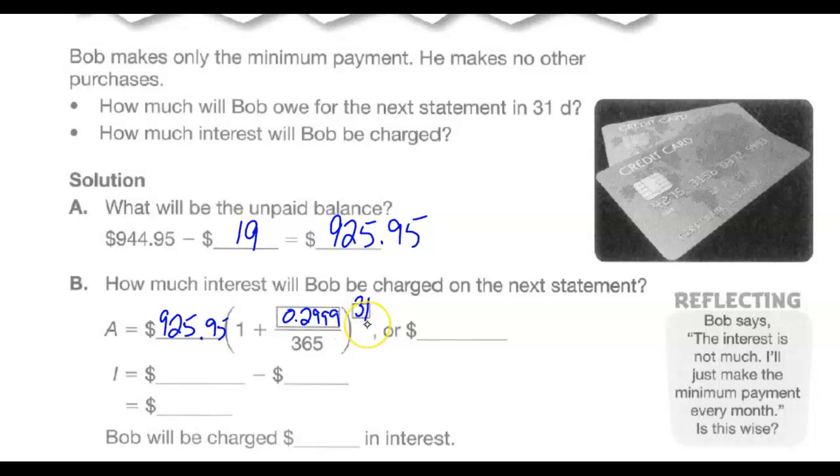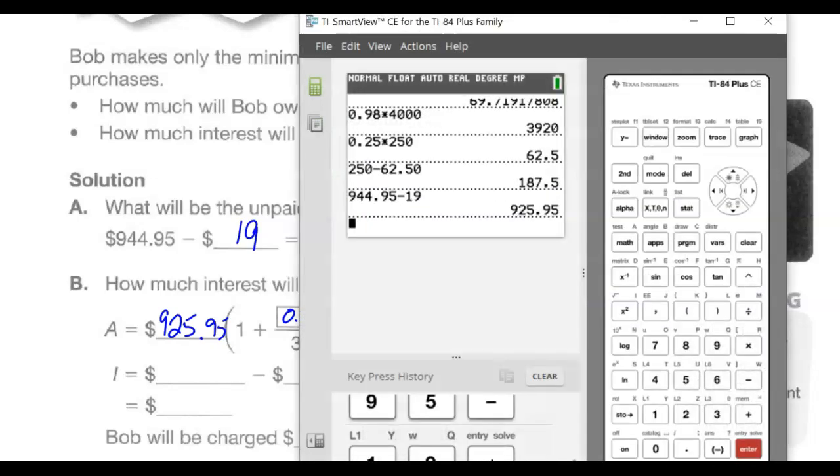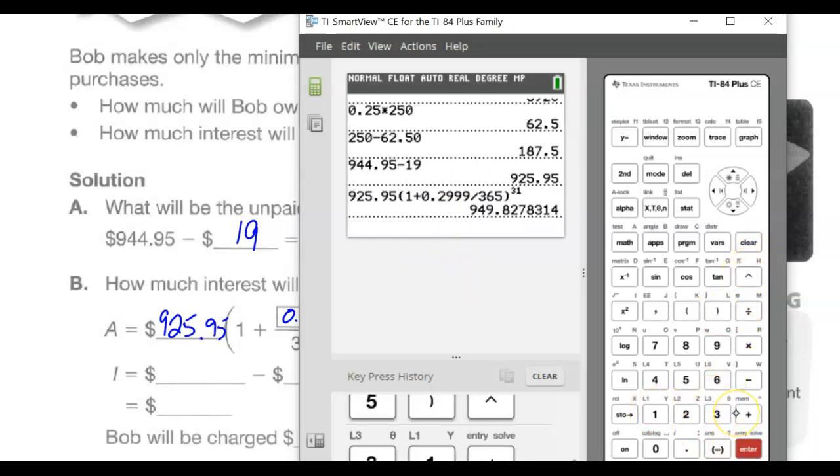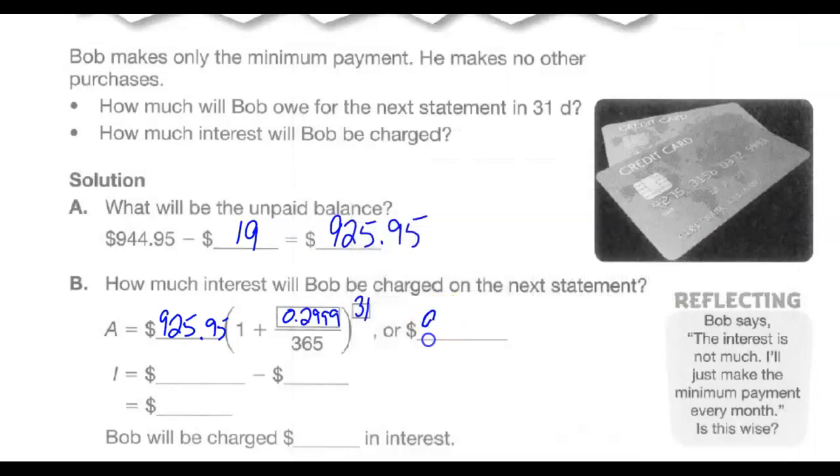So that's the compound interest like we practiced in the getting started. Okay, so I'll do this all at once on my calculator. And then exponent 31. So that's $949.83.